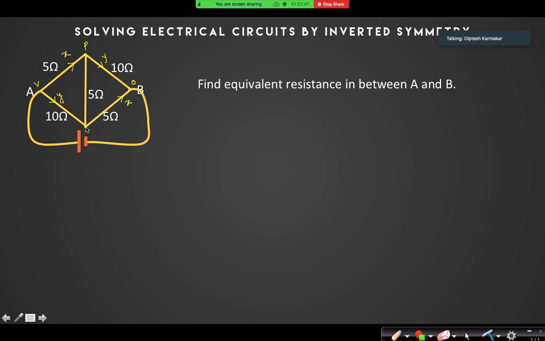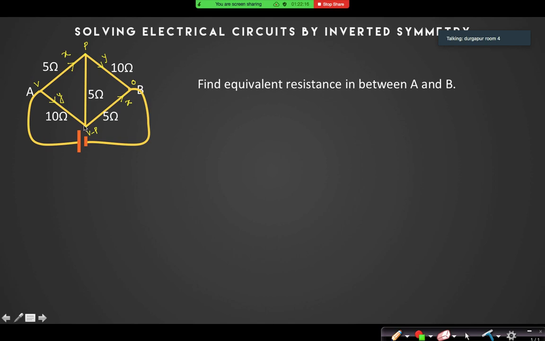V minus P. Because it is the same resistance and the same current, the potential drop should be the same. So what is the potential drop in that 5 ohm resistor? V minus P. And that 5 ohm resistor will also have the same potential drop, V minus P.